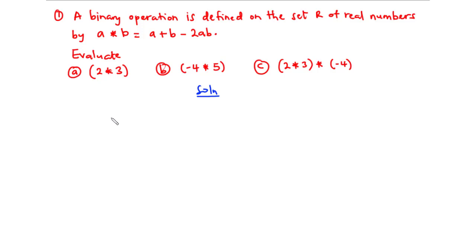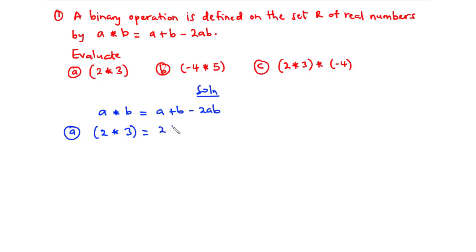To solve the question, first of all, let's write down the binary operation. So we have A star B is equal to A plus B minus 2AB. For A, we have 2 star 3. From this, our A is 2 and our B is 3. So we are going to use this operation to solve 2 star 3.